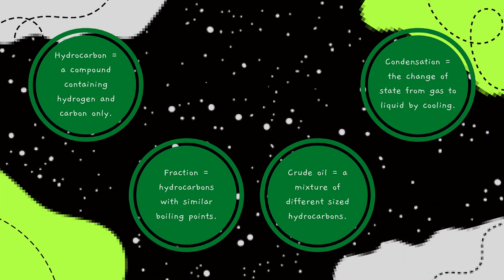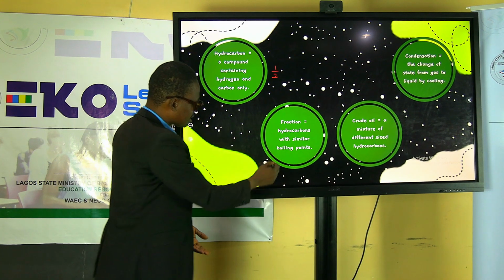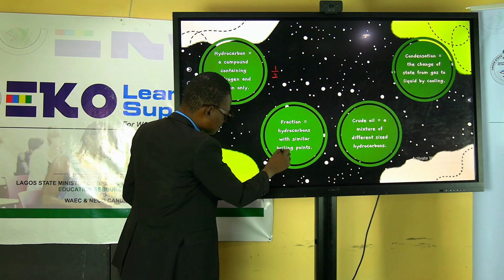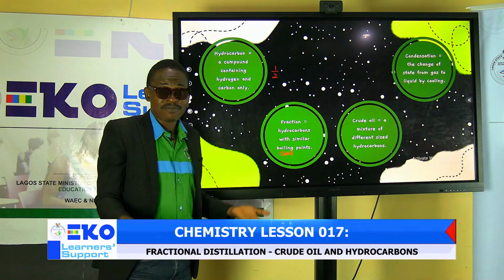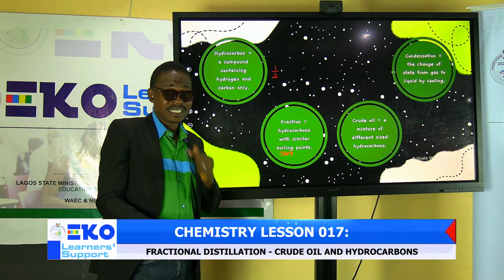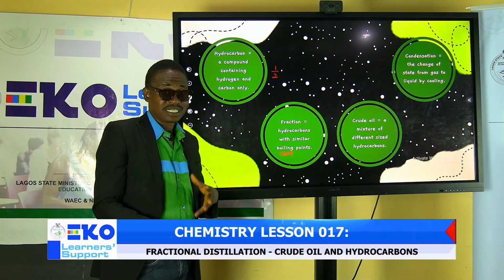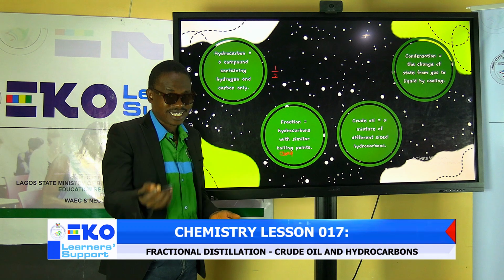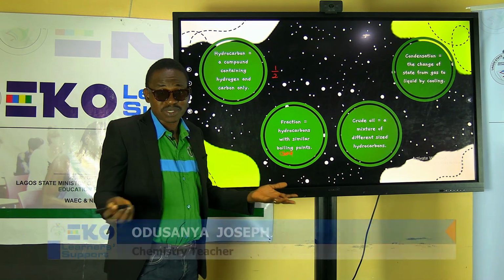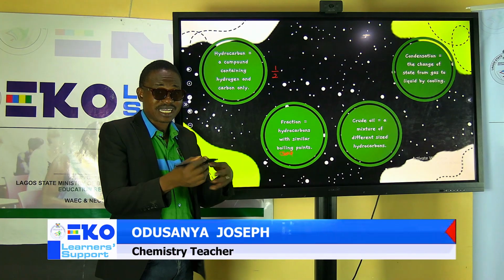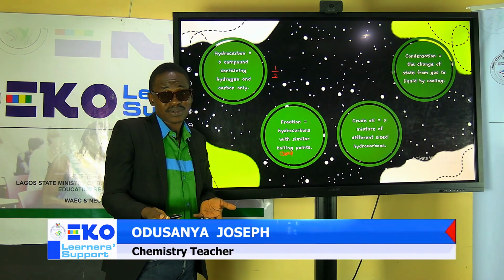Therefore, we say hydrocarbons with similar boiling points. Some textbooks will put it as close boiling points. In that case, fractional distillation basically is used to separate different components. Remember, the components are miscible. What do we mean by miscible? Something like ethanol and water.